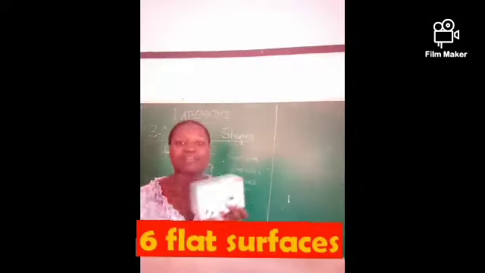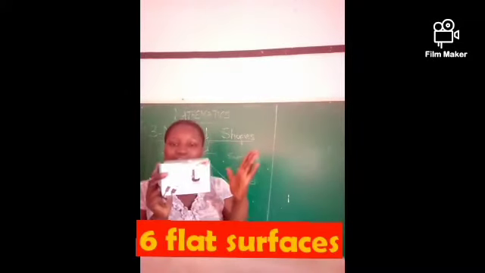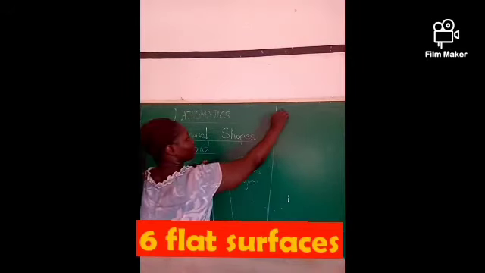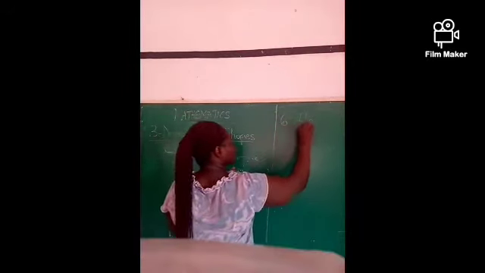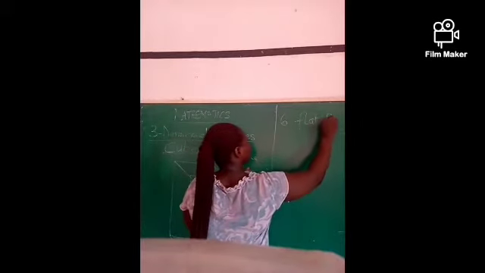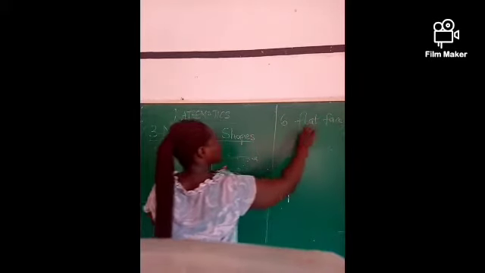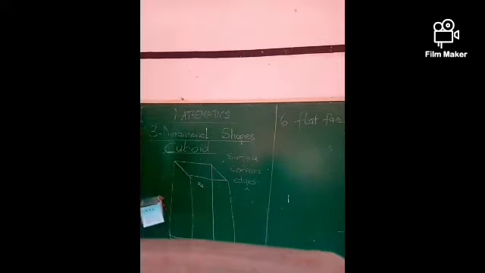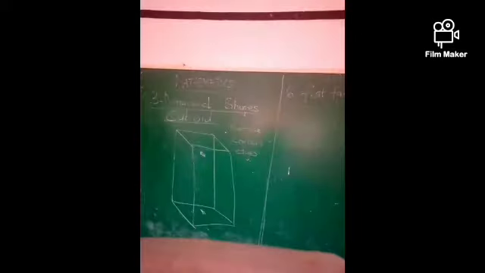So now a cuboid also has 6 flat faces. How many flat faces? 6 flat faces. Good job. Now we've talked about the surface.